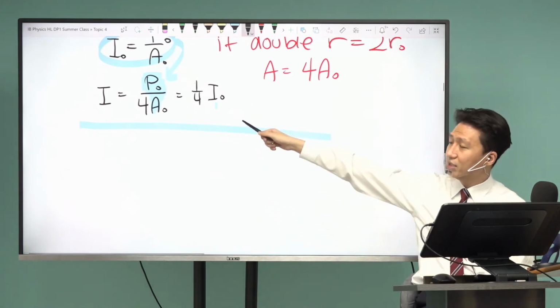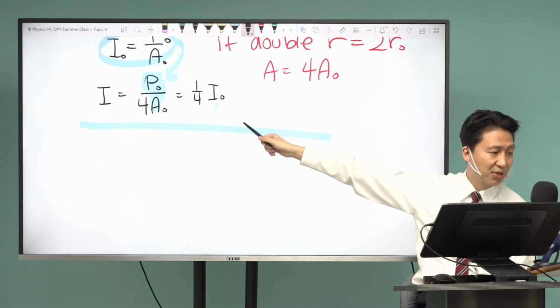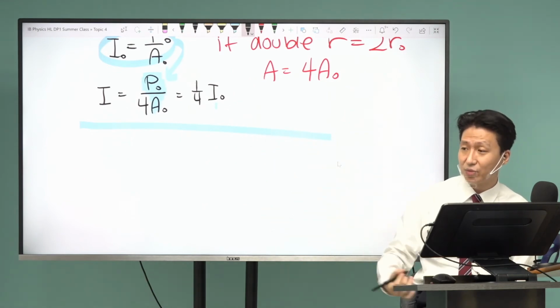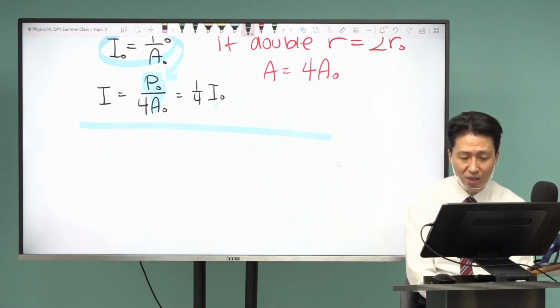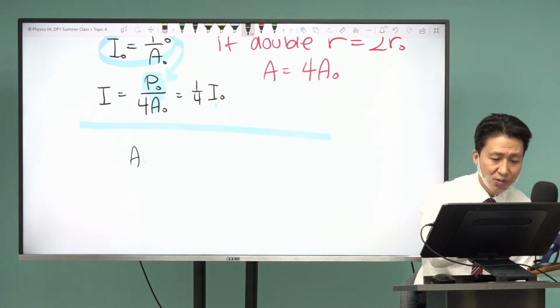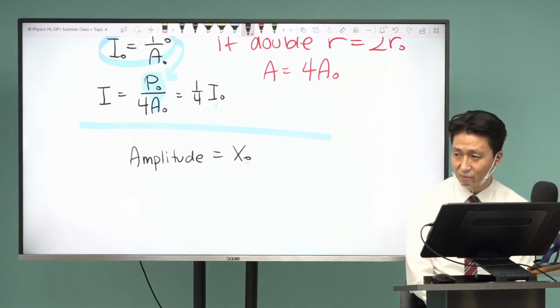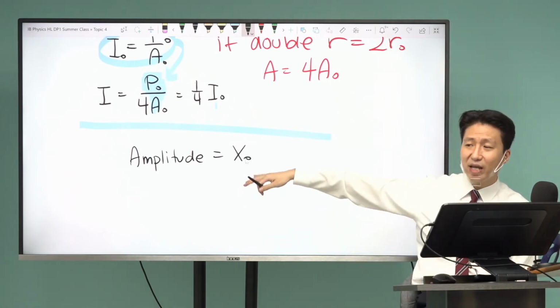And this is the area, so I'm going to use another letter for amplitude. I'll just write the whole word amplitude so you don't get confused, right? Let's put amplitude equal to, let's say, x0, or the maximum displacement.